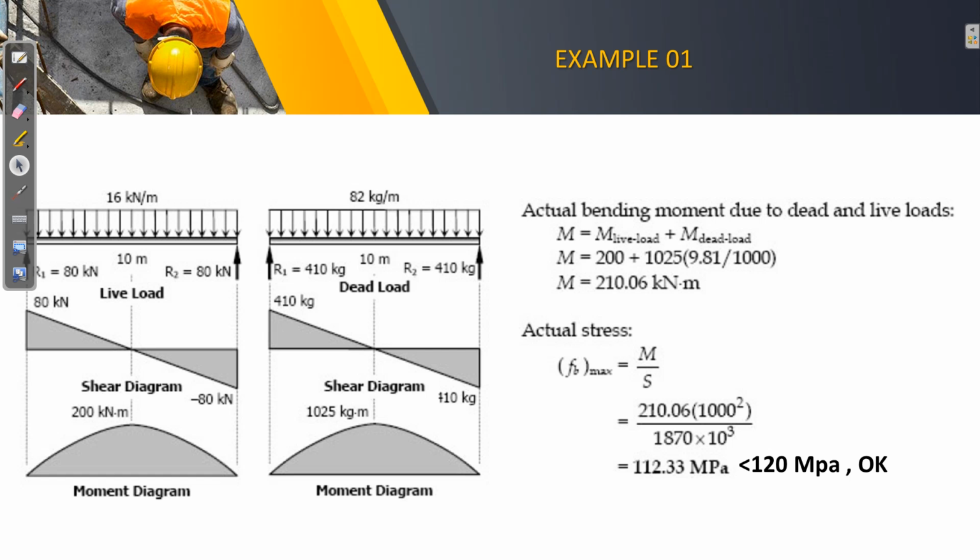We divide it by 1000 so that Newton becomes kilonewton. So finally, we have 210.06 kilonewton meter as the actual bending moment. When we say actual bending moment, it is the required live load moment plus the self weight of your selected geometrical shape.